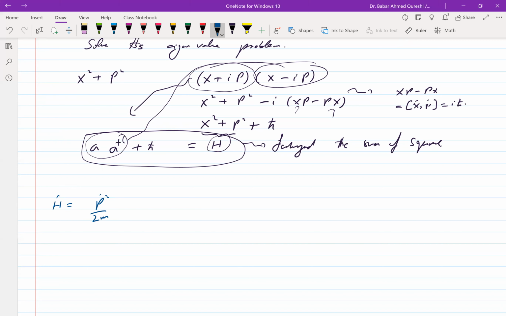This is my Hamiltonian. This is the operator. I have this relation. So I know that if I divide by this square root of h bar, democratically distribute them in those two, this is going to be iota.